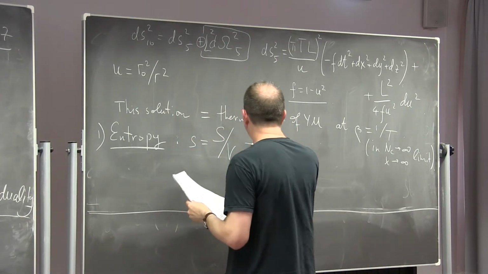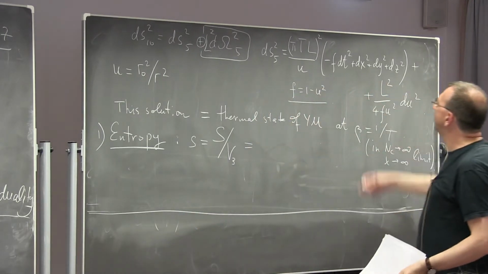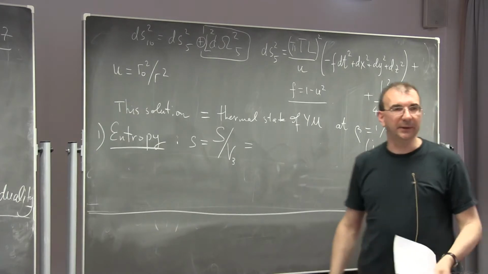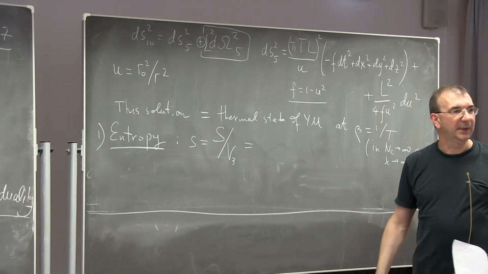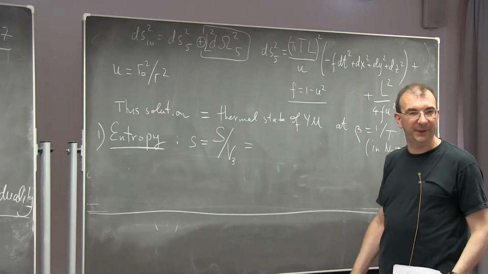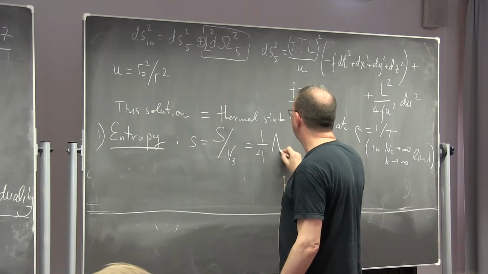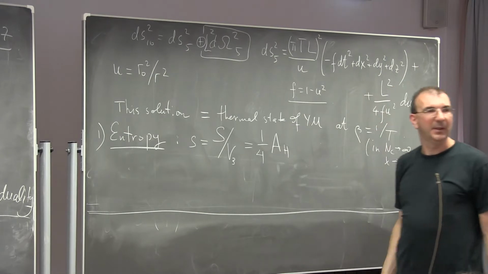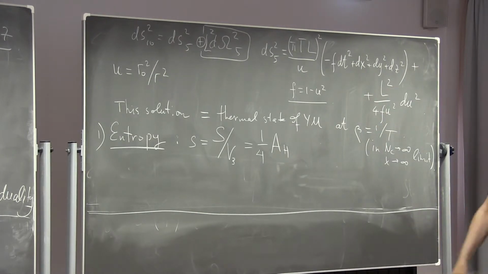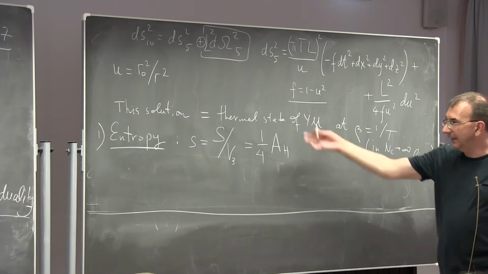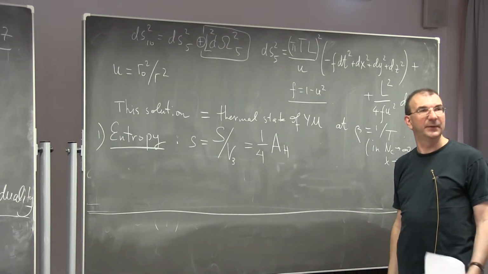So how do you compute the entropy density if you have a gravitational solution with a horizon? Bekenstein and Hawking told us in the 70s that the entropy of such a solution is equal to 1/4, in Planck units, of the horizon area. So it's trivial in some sense, by looking at this solution, to write down the expression for the entropy as 1/4 of the area of the horizon.